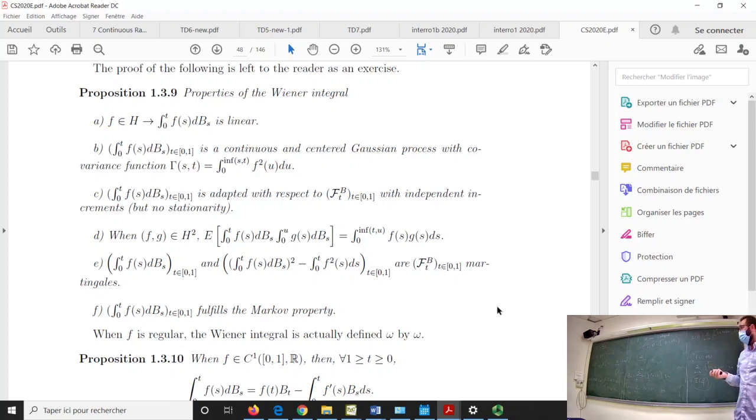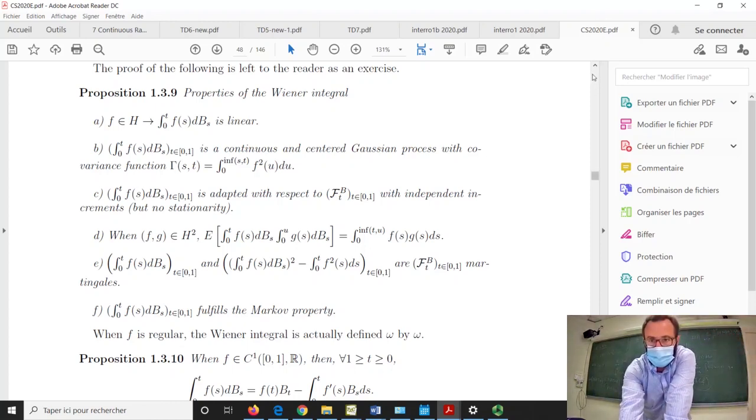The Wiener integral will be a Gaussian process also, with a particular mean function equal to 0 and a particular variance covariance function. All the properties we are going to see now about the Brownian motion will be possible to have for the Wiener integral also. So when I come back to this proposition, since I have done the construction, since I have defined the Brownian motion this way, and since we are going to study the Brownian motion, I won't do the proof of this one. It will be an exercise for you, but in fact, everything was done today in class together in order to prove this.